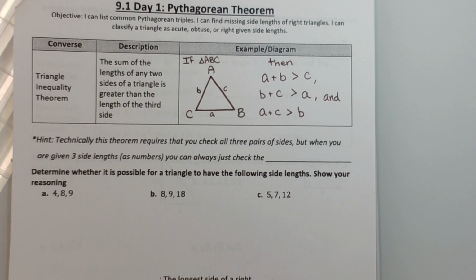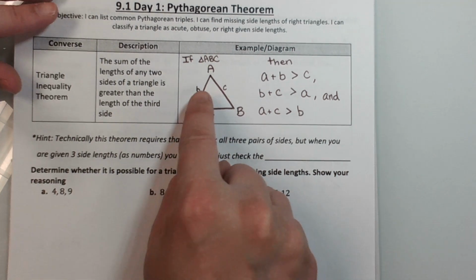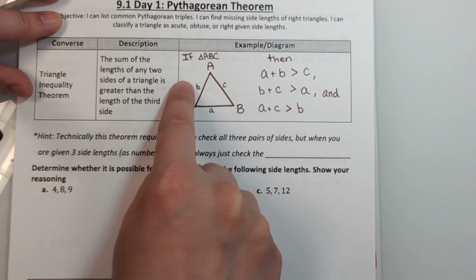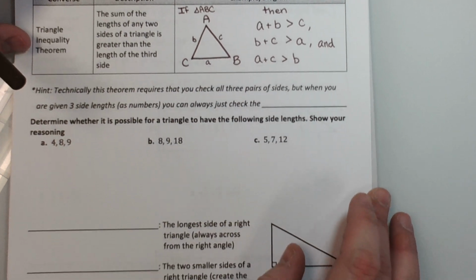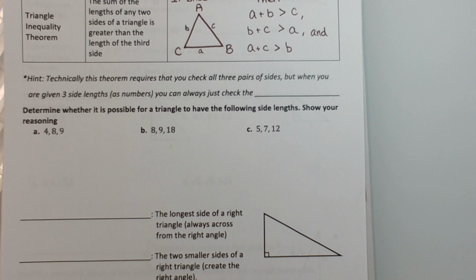They don't reach. If the side lengths add up to be equal, where two add up to be equal to the third, then it collapses in on itself to create a line. So every combination of two sides has to be bigger than the side that wasn't counted. Now, this leads us to the questions.